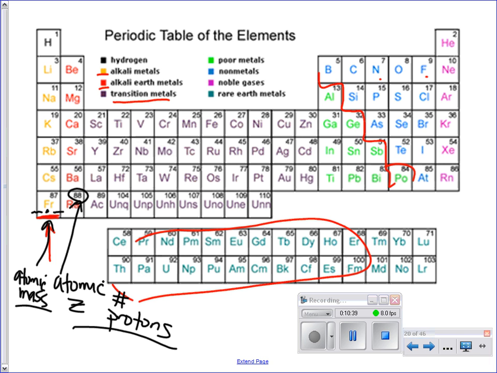What does the atomic mass actually represent, or the atomic weight? Nice, the average of all the isotopes, okay? So the isotopes, which have different numbers of neutrons, have their own weight, and then they take the average and get the average atomic mass. What is this average atomic mass or atomic weight also the mass of?